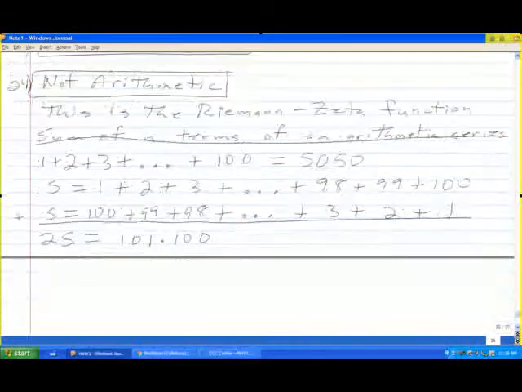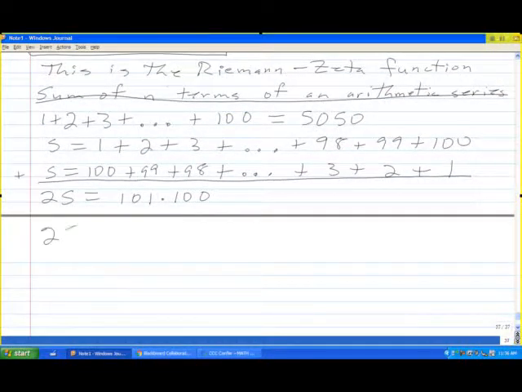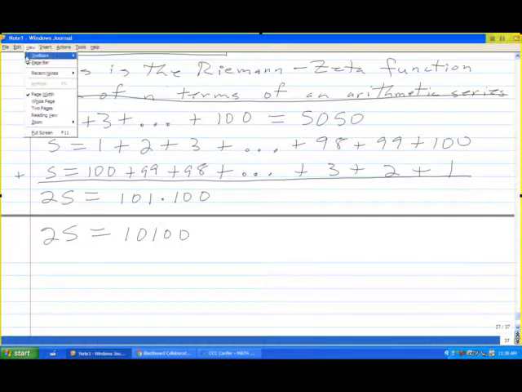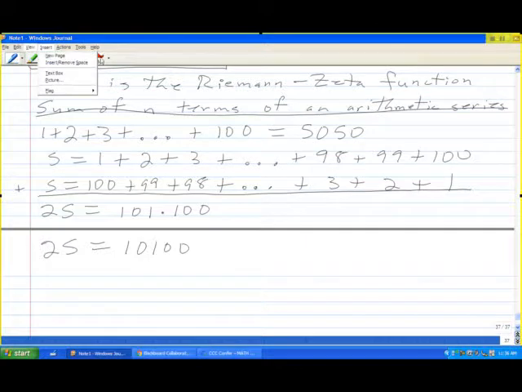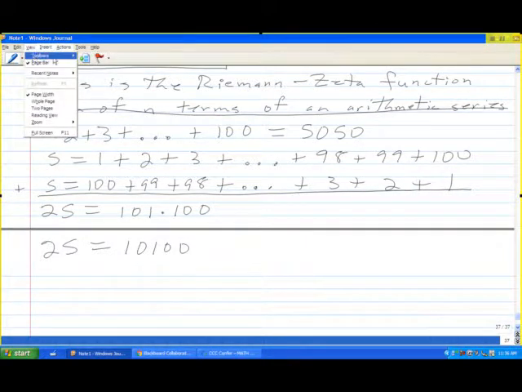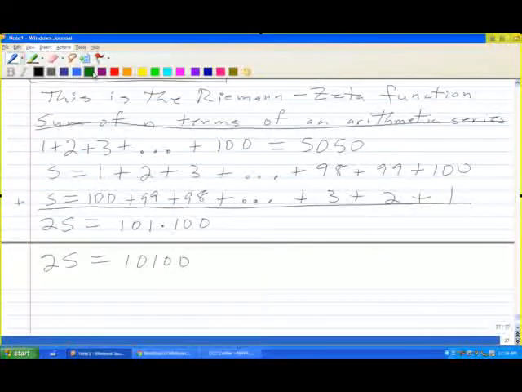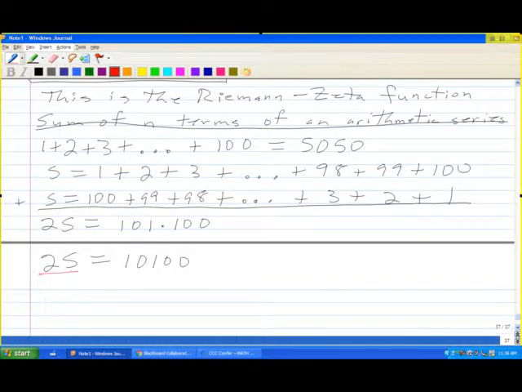So we get that 2 times the sum that we want is 10,100. If I divide both sides by 2, I get that the sum I wanted to calculate is 5,050.